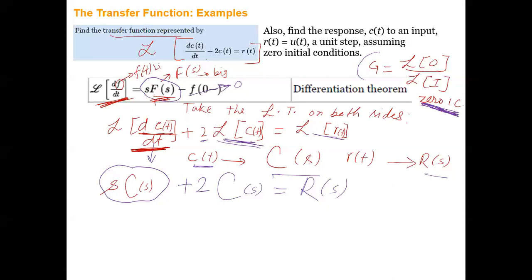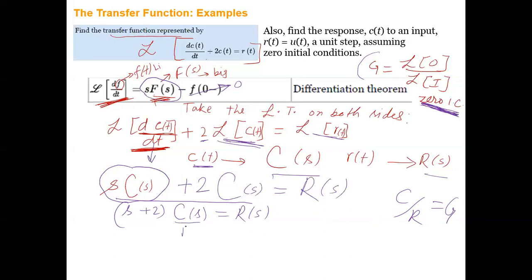So now let me collect the similar terms here. Factor out C(s): (s plus 2) C(s) equals R(s). Now, the transfer function is output over input, so C over R. By definition, G is C over R. So how do you find C over R here?